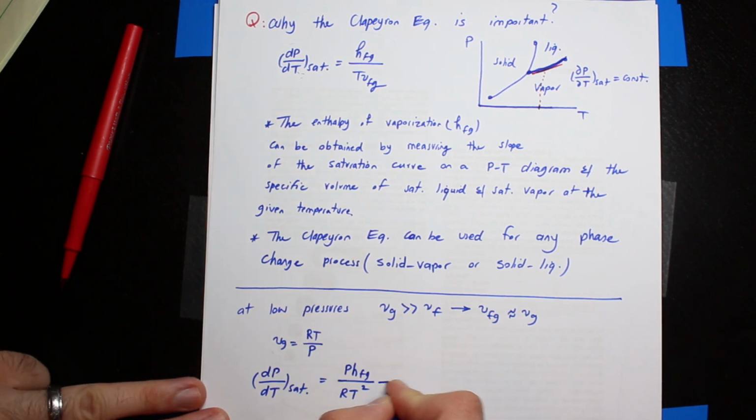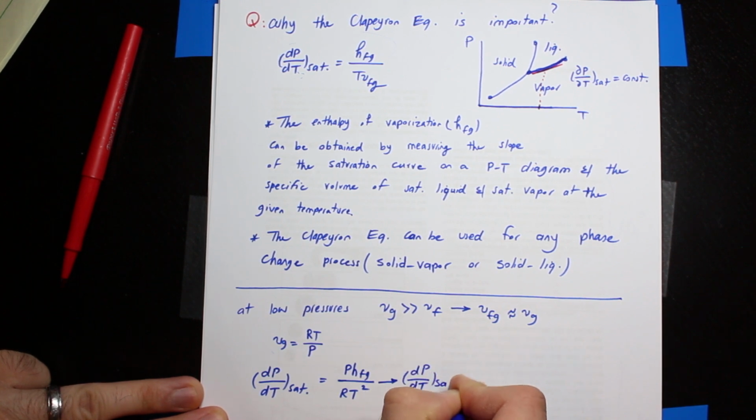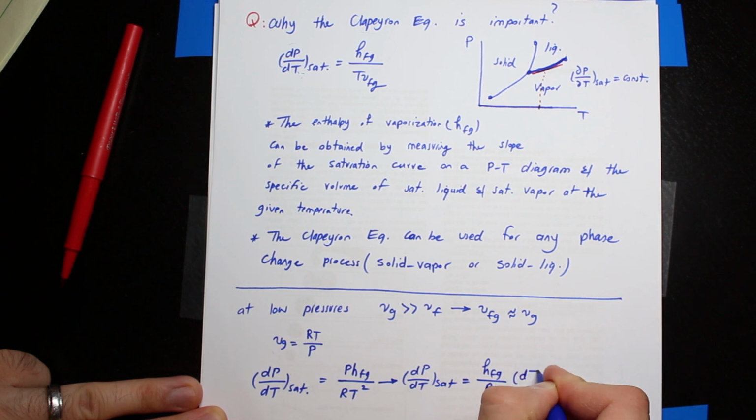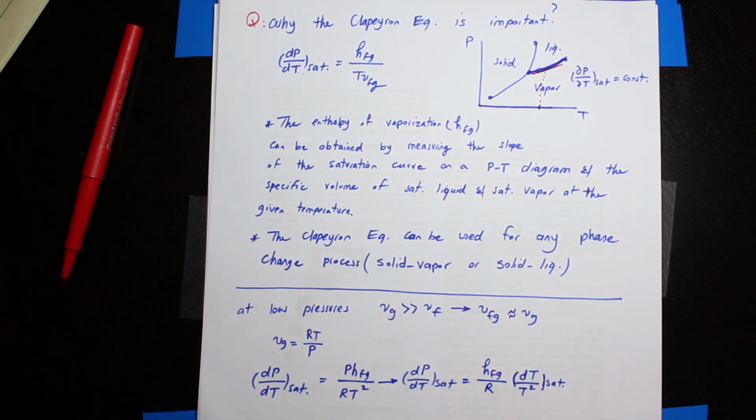Also I can continue this by saying dP over P during saturation is equal to HFG over R, dT over temperature squared during saturation. Obviously the right hand side is the same. So I have HFG here.